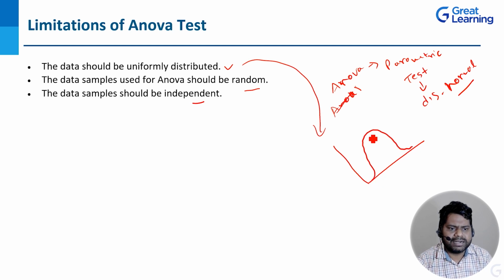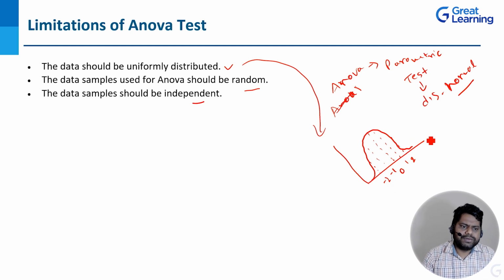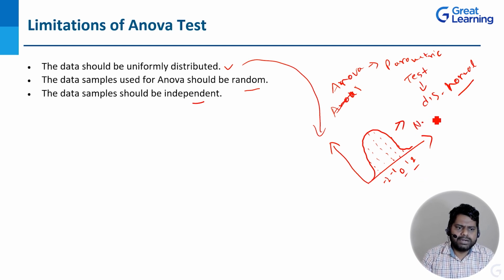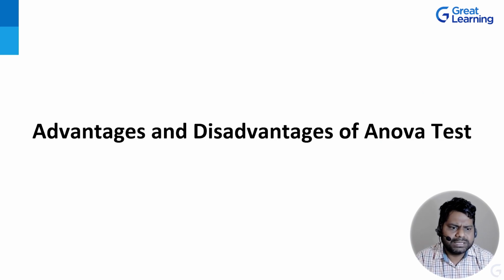A normal distribution says that the mean is 0 and the standard deviation is 1. This will become -1, this will become -2. So whenever we get this kind of distribution where the mean is 0 and the standard deviation is 1, we can say that this is a normal or uniform distribution. For such data, we can implement the ANOVA test.